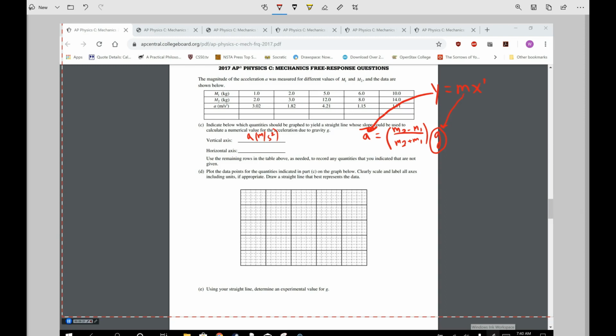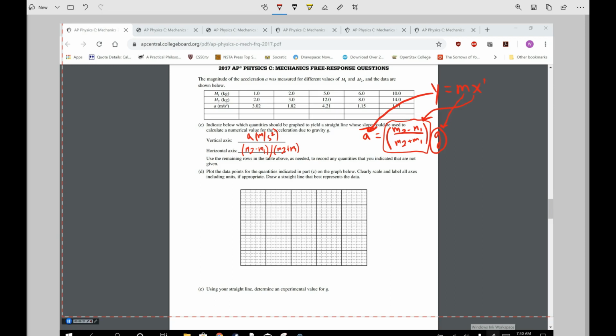Make m g, and so this whole thing would be our x. This whole thing is what we are changing. So our x is going to be the quantity of m2 minus m1 divided by m2 plus m1, which would be unitless.